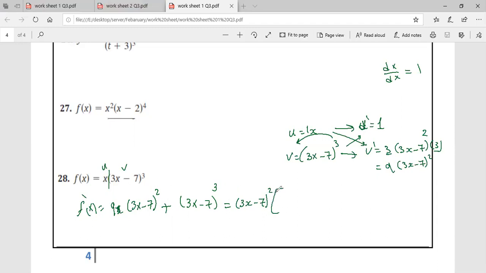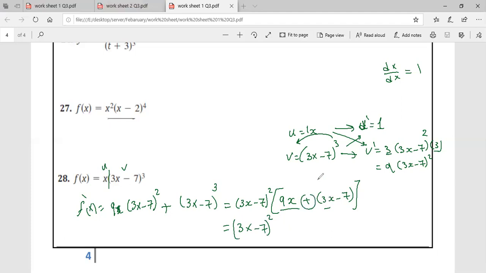Divide this one by this one, cancel, it will be 9x. This one by this one, it will be plus 3x minus 7. Then add the like terms inside the large bracket, it will be 3x minus 7 to power 2. Add the like terms, because here it is plus, I don't have any problem.